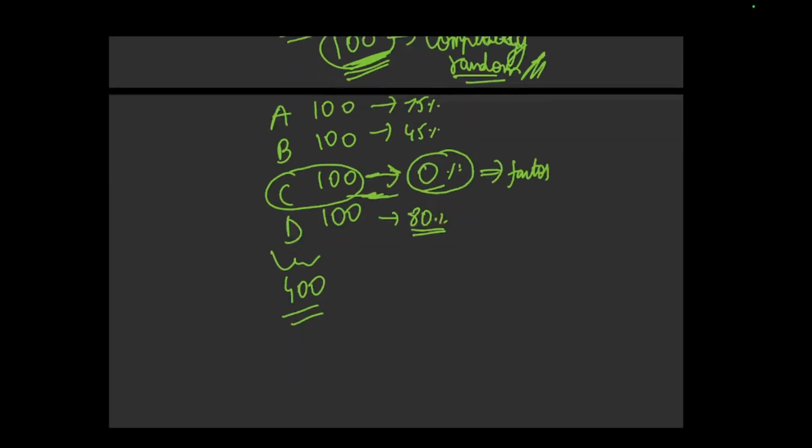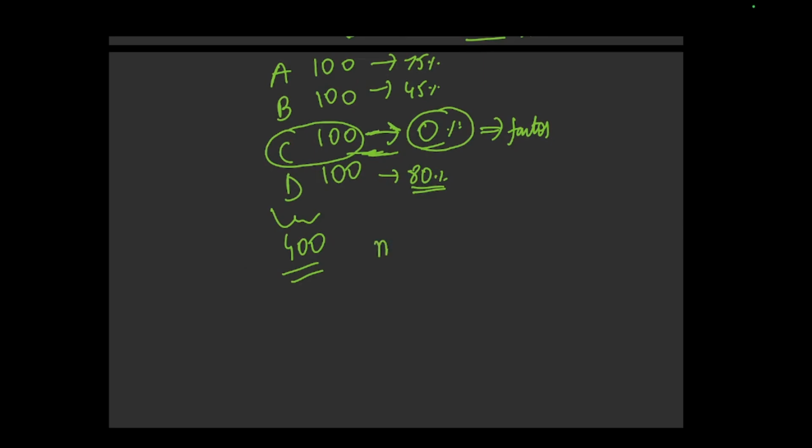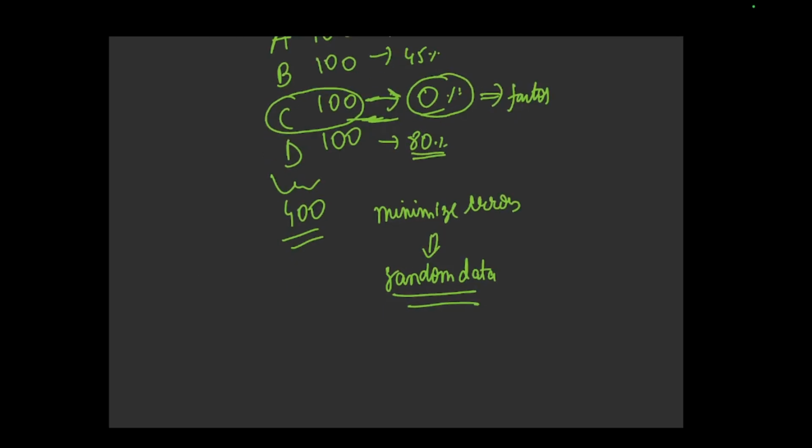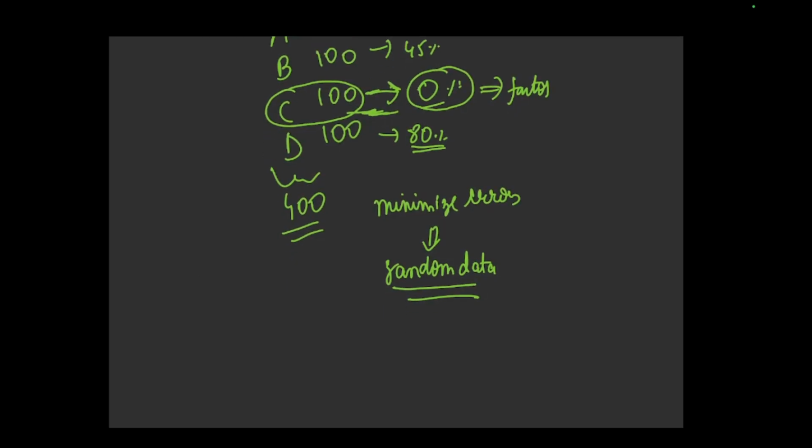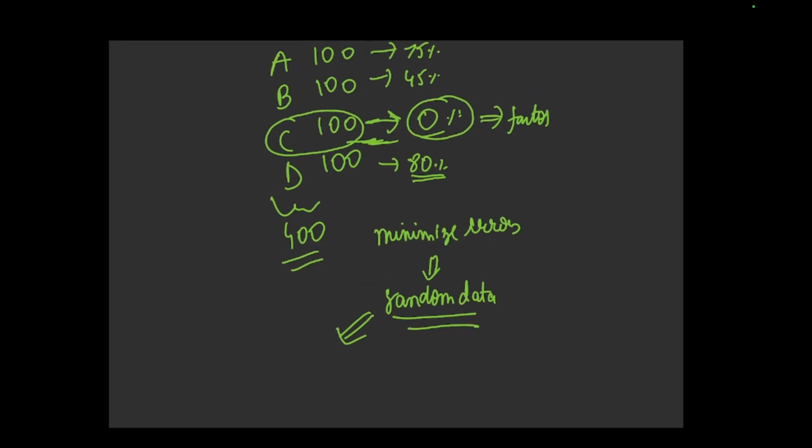So to minimize the errors, we should take more random data. It is quite paradoxical, right? How could random data be more representative of the population? But this is how stats works, and the more random the data, the more representative it is.